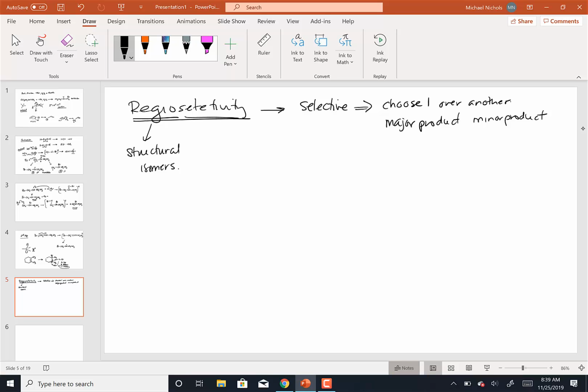And so regioselectivity means that I am making more than one possible structural isomer, and one of those is the major product of the reaction. And then there has to be sort of a systematic way of predicting what that product would be. So that's what regioselectivity means.